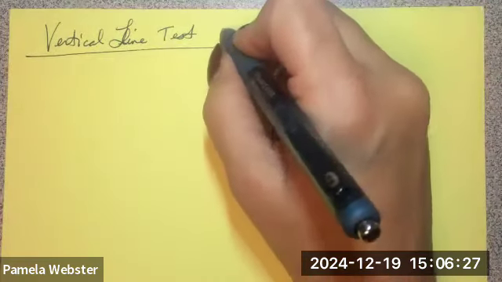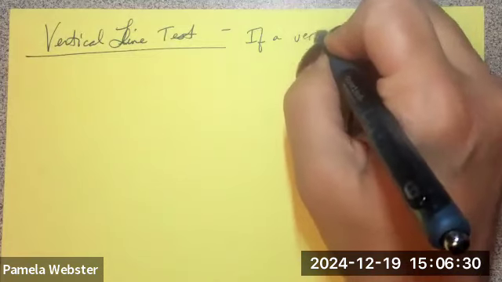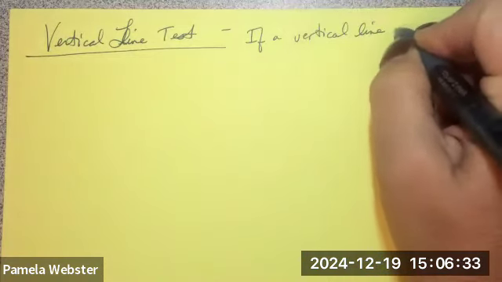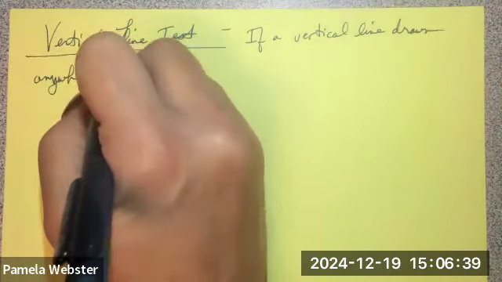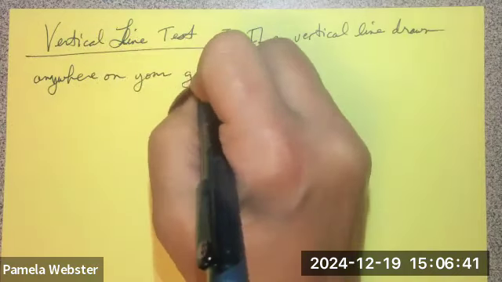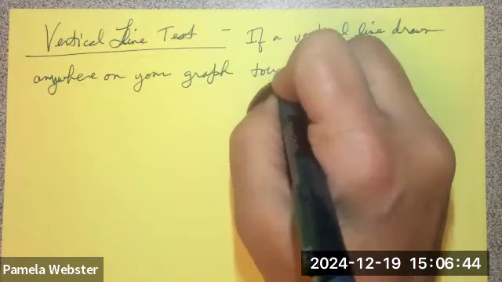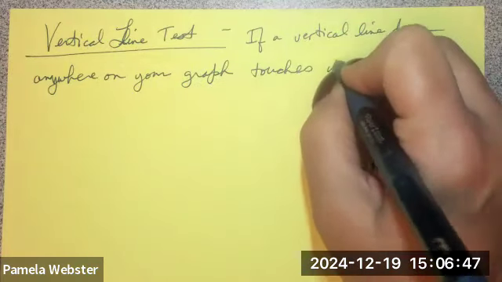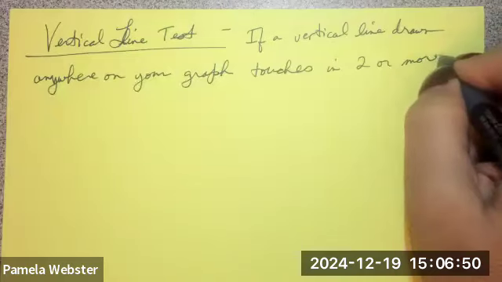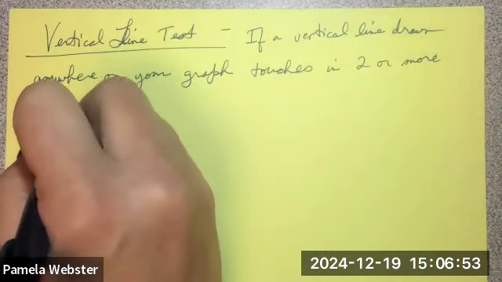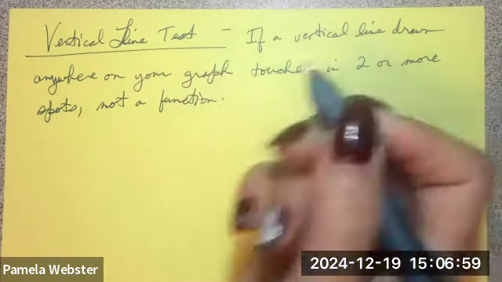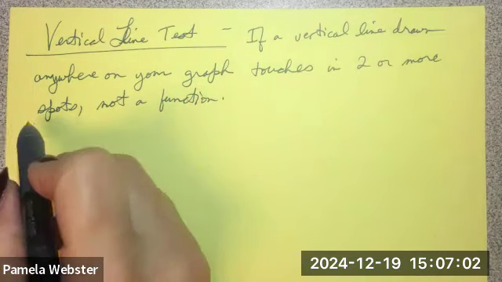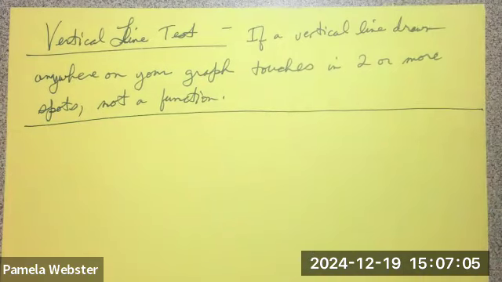What it says is if a vertical line drawn anywhere on your graph touches in two or more spots, then it's not a function. We have to be a little bit careful with this because it's got to be two or more. If it's 1 or 0, that's okay.